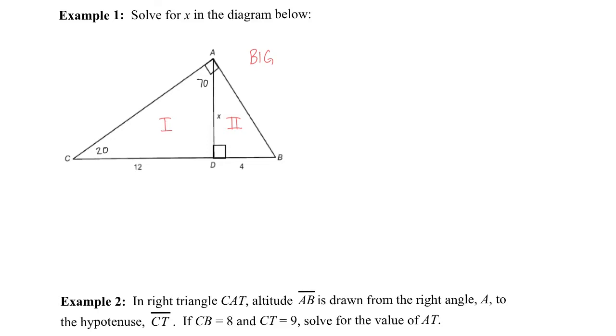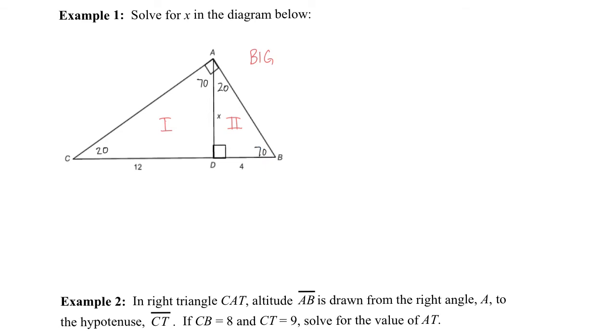Now watch what happens here. This is a right angle, and this piece of it is 70, so that means that this is 20. And so in this triangle, I can now get the last angle. This one is 70. And so when you have this situation, it's always going to be the case that this angle is congruent to this one, and this one is congruent to this one.